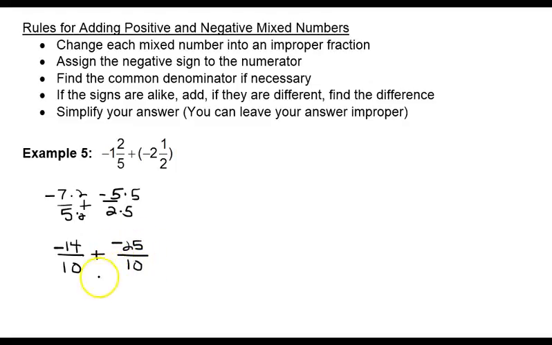And then we're going to ask ourselves, are the signs alike or different? They're alike. Same signs add, so 14 plus 25 is 39. And we're going to keep the sign. We have both negatives, so our answer has to be negative. So you end up with negative 39 tenths.